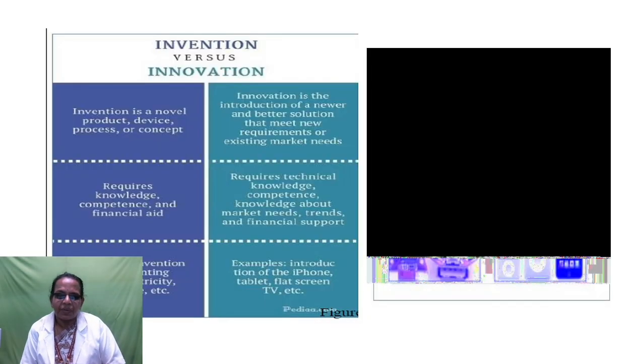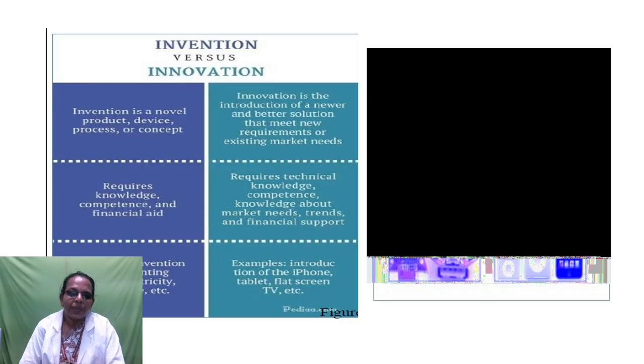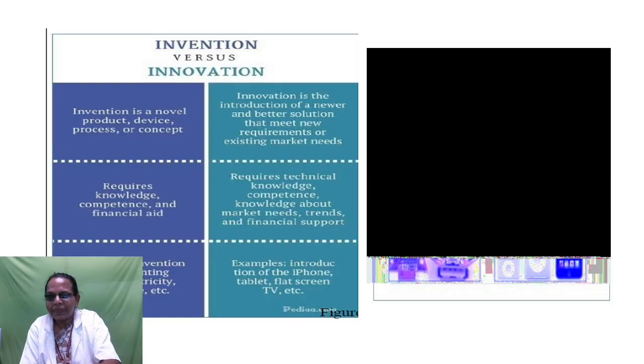So innovation versus invention. Invention is a novel product, device, process or concept. Innovation is the introduction of a new and better solution that meets new requirements or existing market needs.